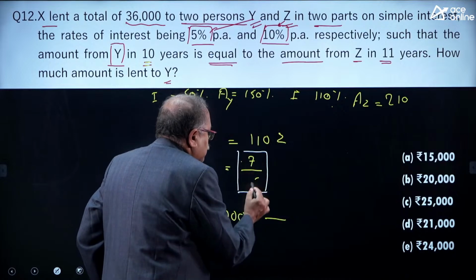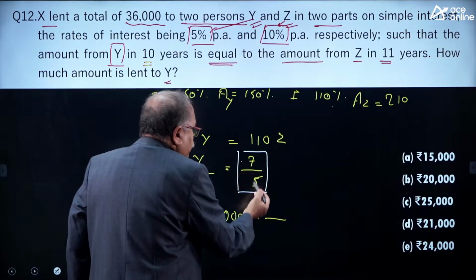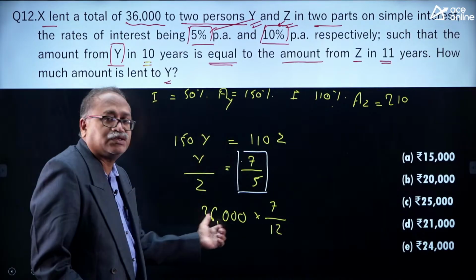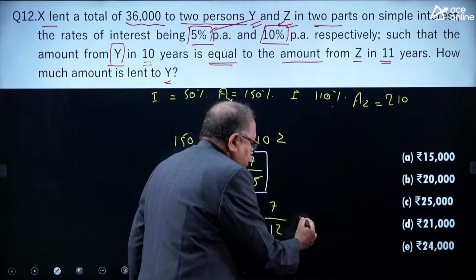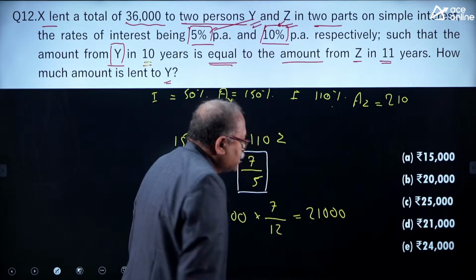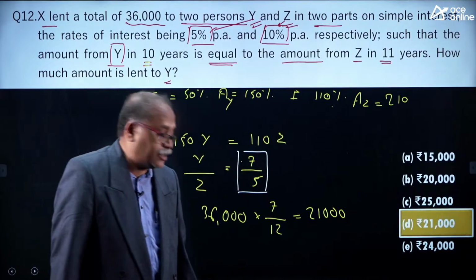So, this comes 7 by 5. I need the 7 parts out of 12 parts. So, what is 7 by 12? This is 3 and 3 7s, which is 21, and Pandu has rightly said 21,000, that means option D you said.